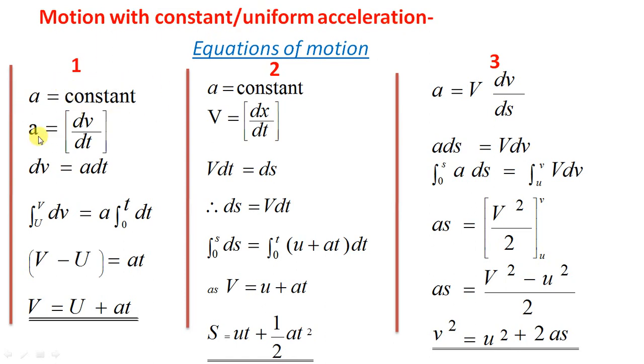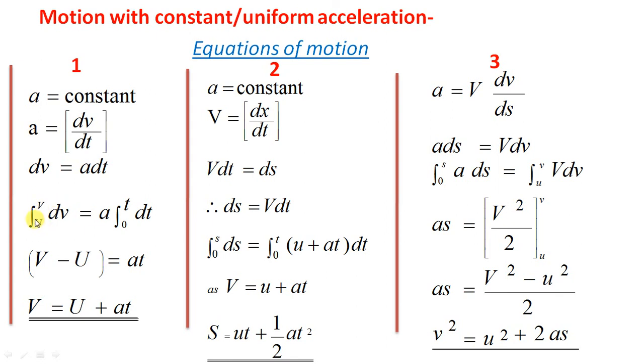We know that a is equal to the change in velocity with respect to time, that is a is equal to dv by dt. So can I write this equation, dv is equal to a into dt? Yes. Then we have to integrate these two terms. u indicates the initial velocity and v indicates the final velocity.